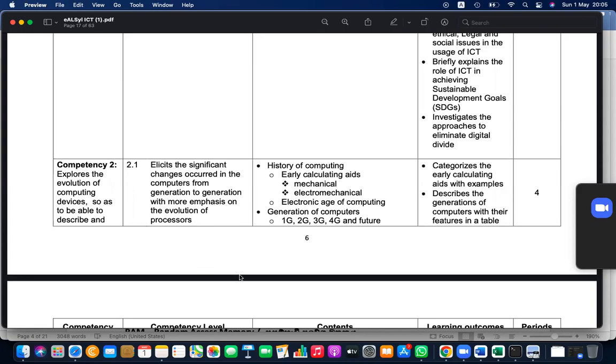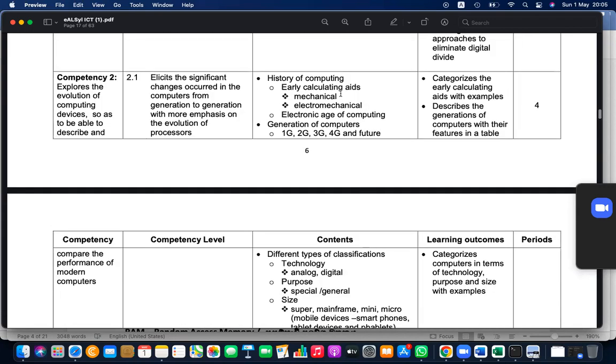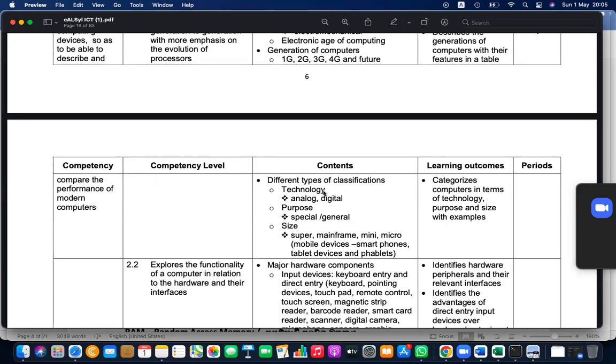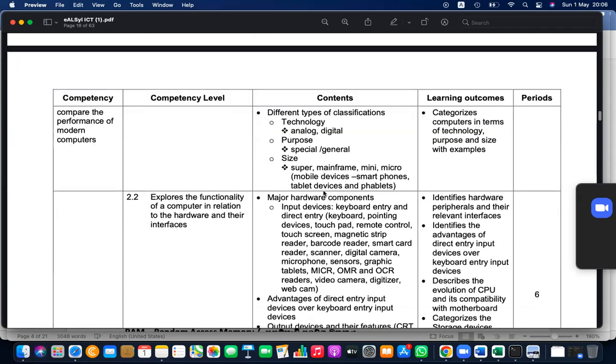Actually, now we are in the fifth generation, but it is a future generation as well, because we have started it, but we still need to know more, since some of the tasks are at the research level. So let's learn about the mechanical and electromechanical era. This is the history of computing, and also how we can categorize computers: based on technology, based on purpose, based on size. That we have to learn here.